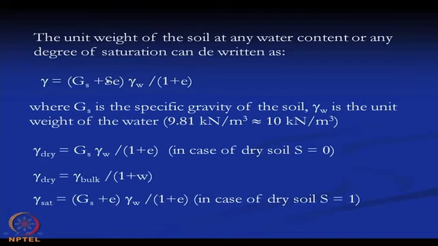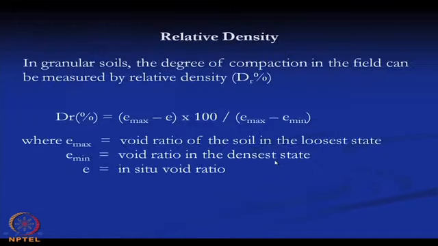So, for the saturated soil, this equation becomes (Gs plus e) gamma w divided by (1 plus e), because in that case S is equal to 1.